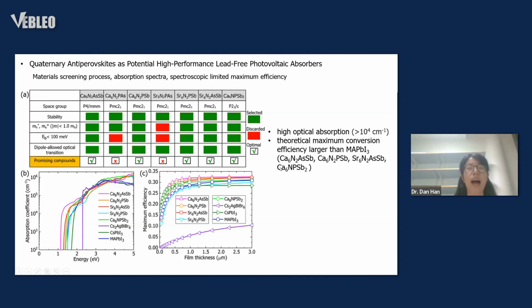They also show high optical absorption, and their theoretical maximum conversion efficiencies are comparable to or even larger than those of lead iodide perovskites.